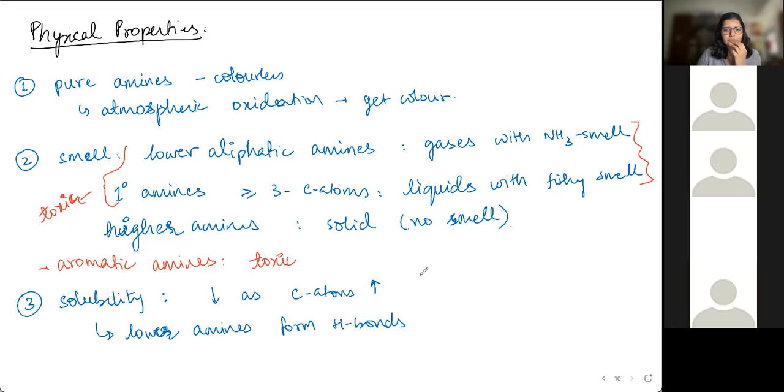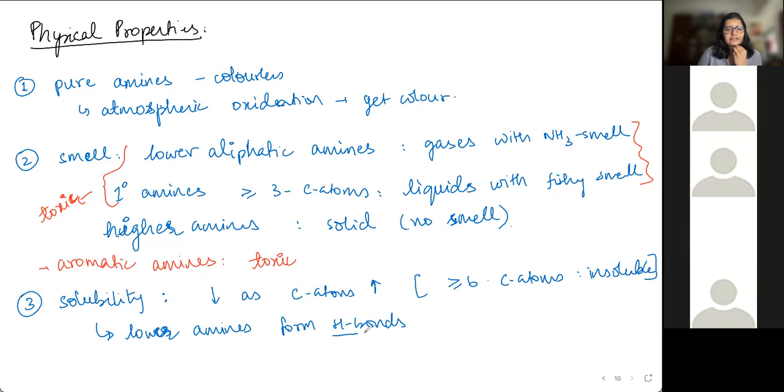In general, when I say solubility decreases, amines with greater than 6 carbon atoms are insoluble.